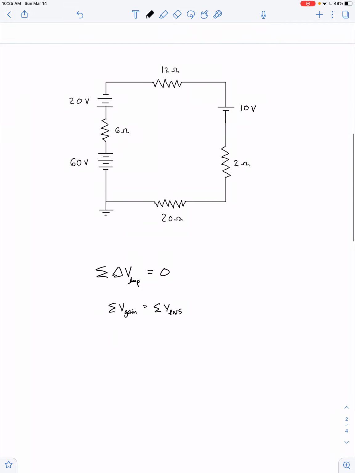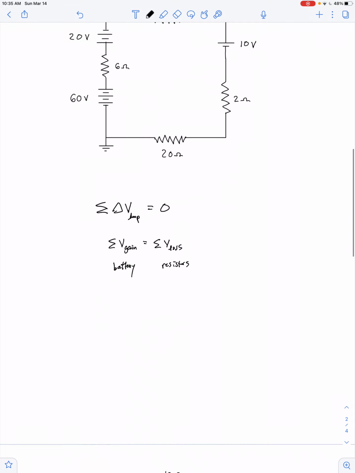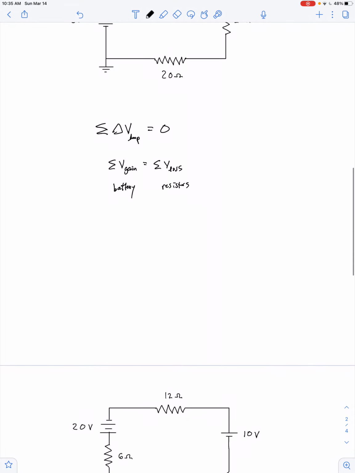And we can think of voltage gain as coming from the batteries and the voltage loss across the resistors.